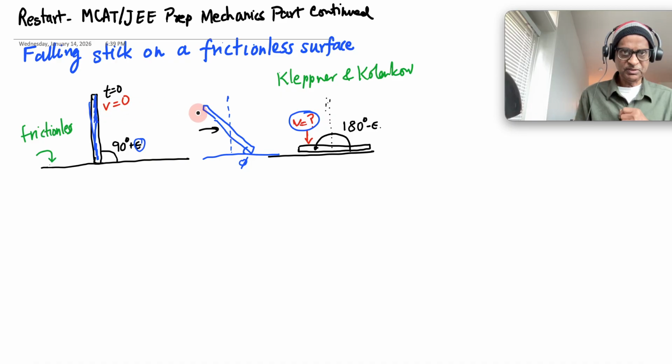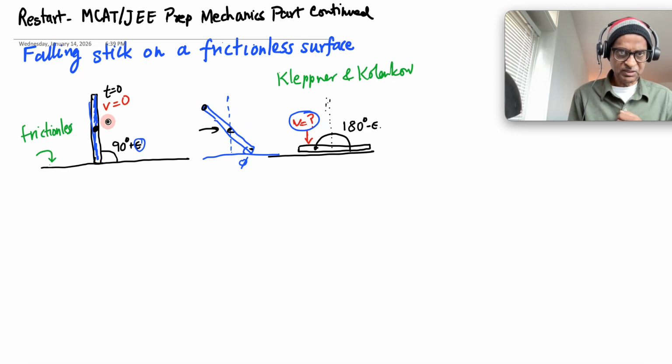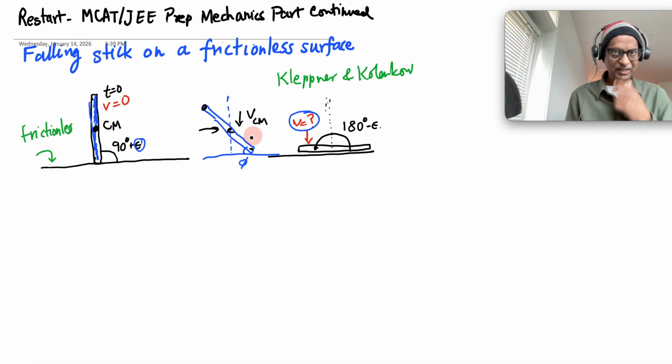Of course, different points on the stick will have different speeds. So we can look at the center of mass. What's the speed of the center of mass as it is falling, v of cm? That will depend on how much it has fallen.